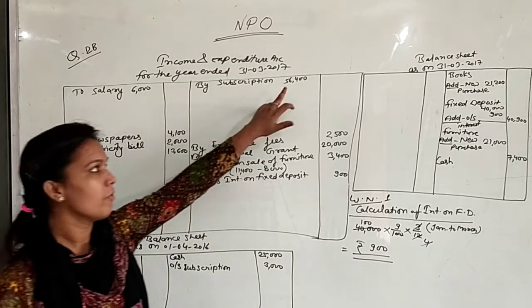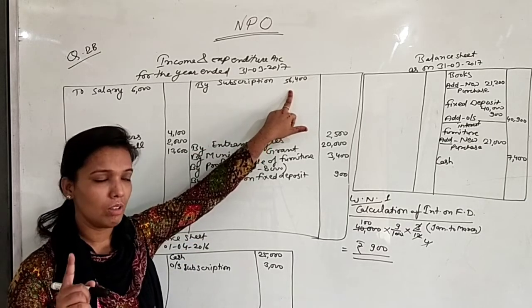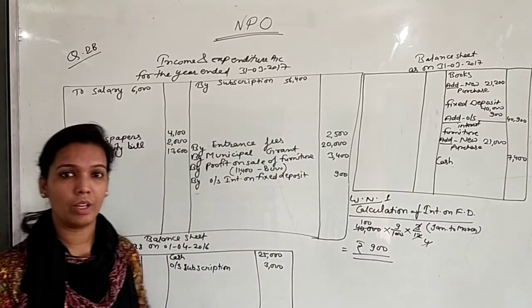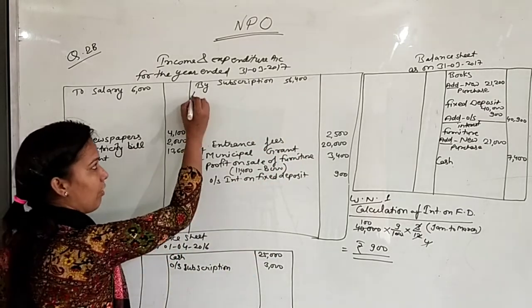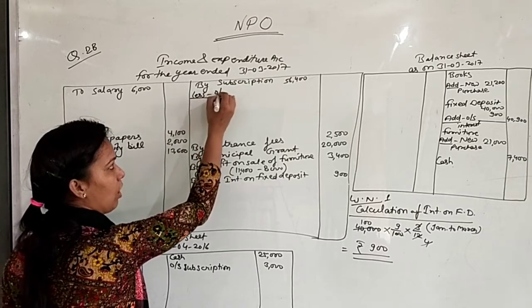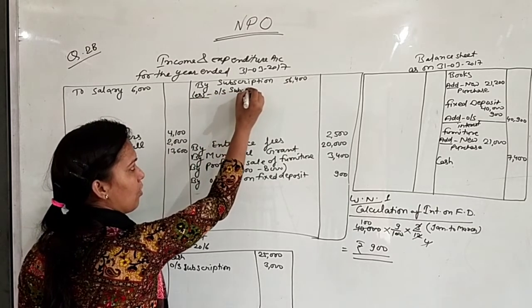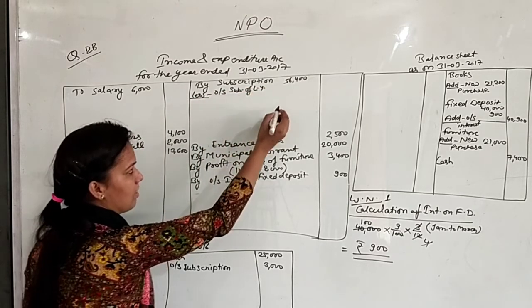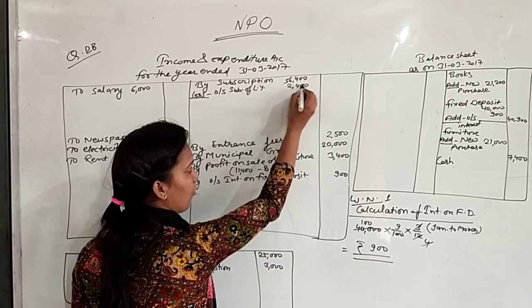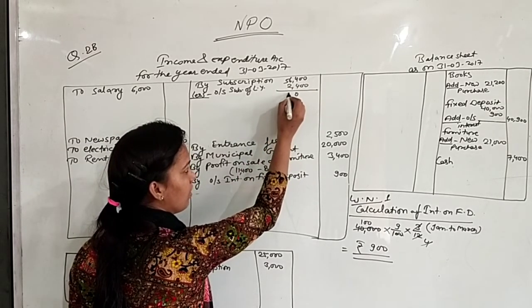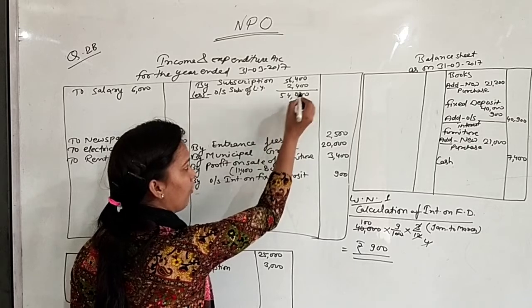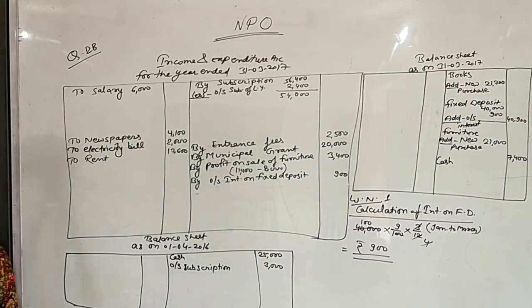Means in 56,400 only 2,400 is included for last year. So we will subtract here only 2,400, outstanding subscription of last year, 2,400, means the amount is 54,000. This is the treatment.